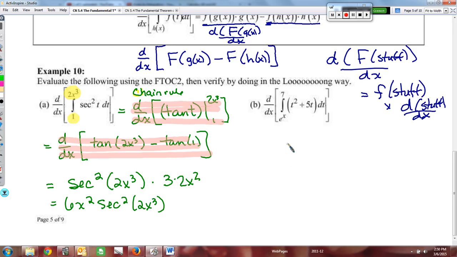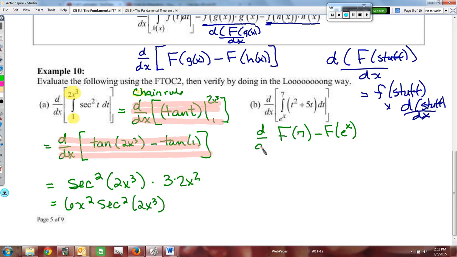Now the difference in this one is to realize that when you plug the 7 in, the constant will happen in the antiderivative at the beginning instead of the end. If we were to take this integral, we would get an antiderivative. I'm not even going to do it, I'm just going to call it f. We would plug in the 7, and then plug in e to the x.